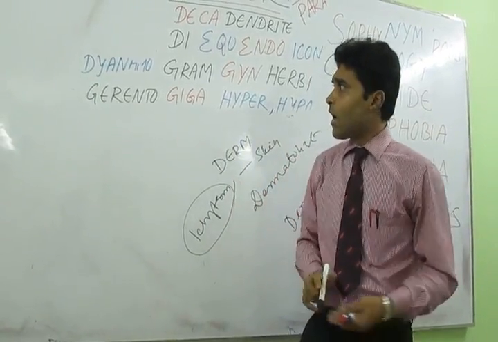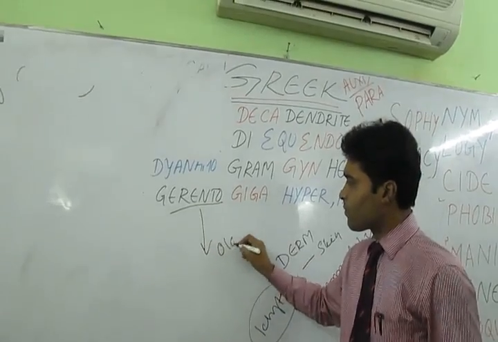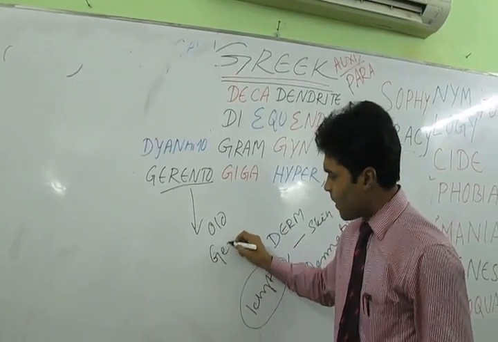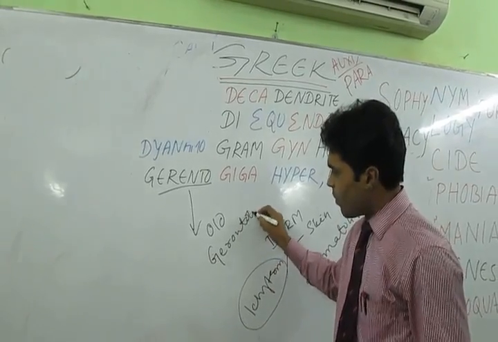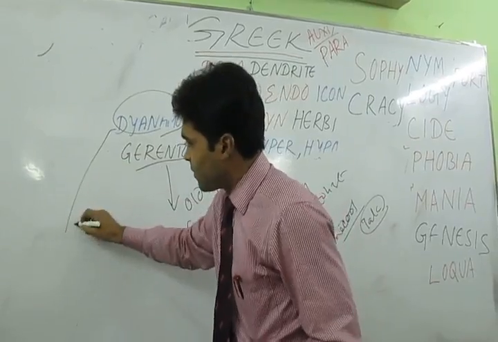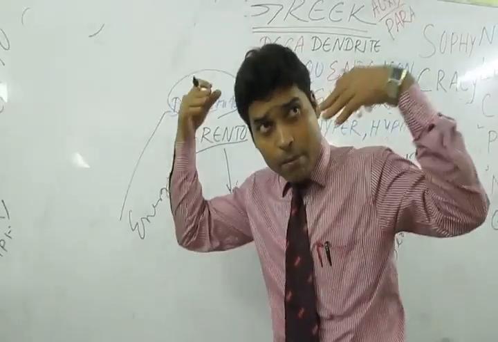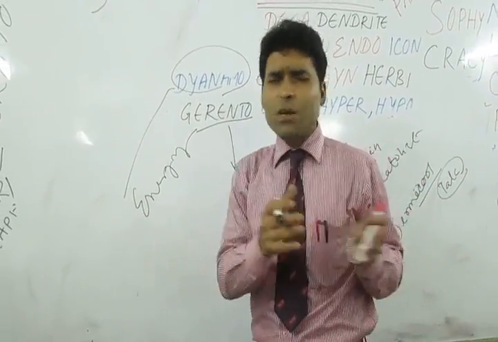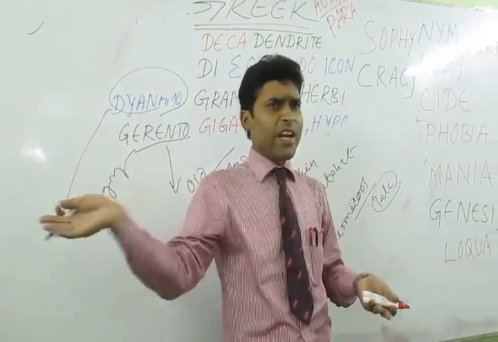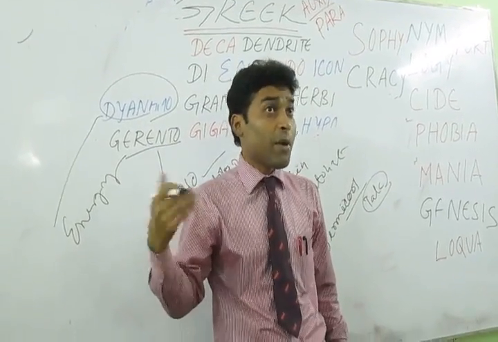Another is geronto. Geronto means old. Gerontology is the study of old people. Dynamo means energy. If I say dynamic, it means energetic; just imagine Lord Krishna was very dynamic, or Shakespeare was a very dynamic writer, dramatist.